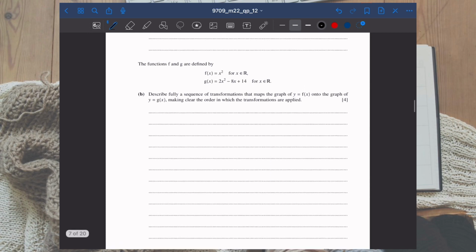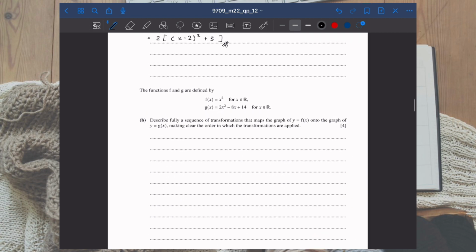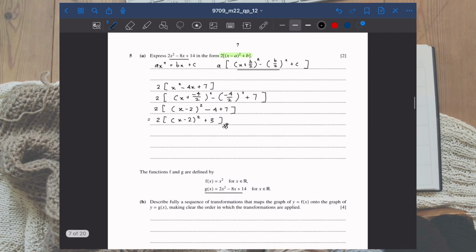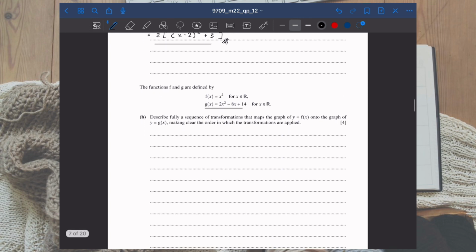All right. So first, if you realize that the function g of x is the same as the expression in the first part of the question, which is 2 times (x minus 2) squared plus 3.